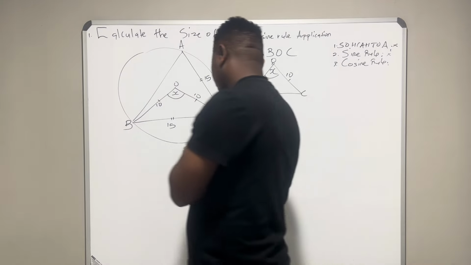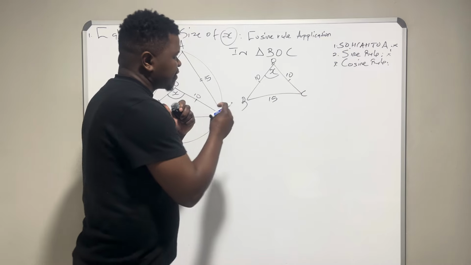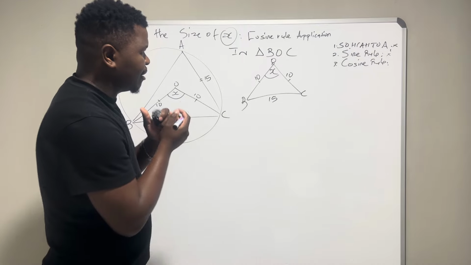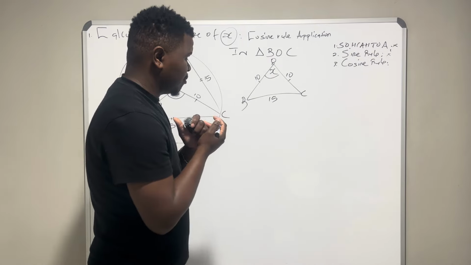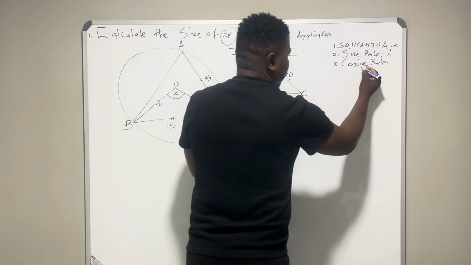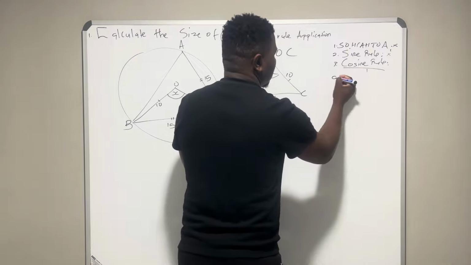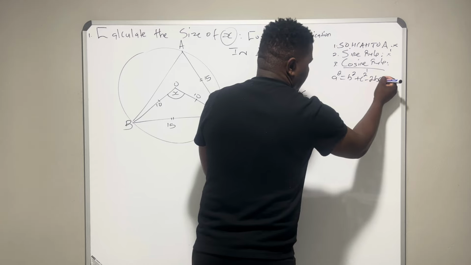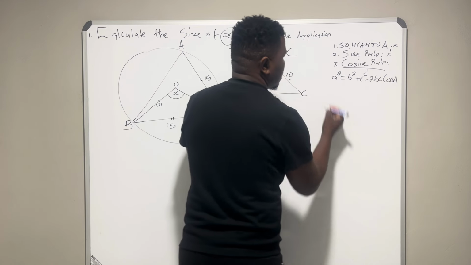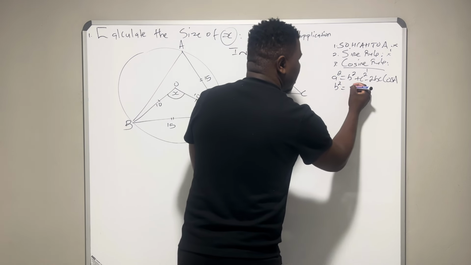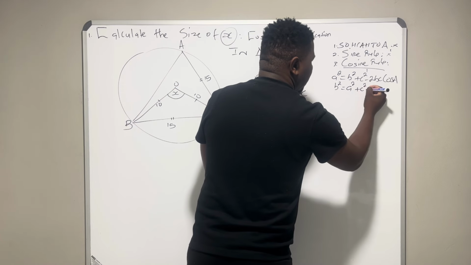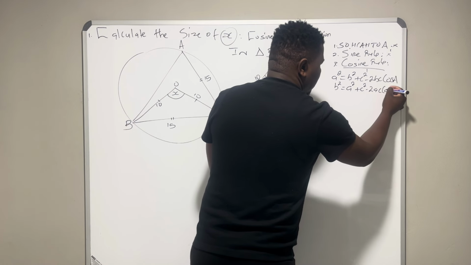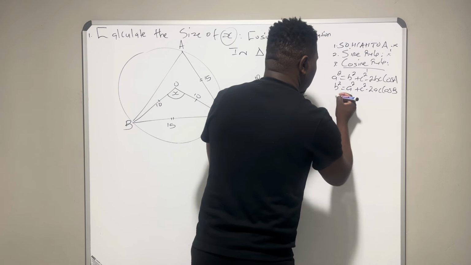Now, let's create a suitable formula for cosine rule. Don't forget that under cosine rule, we have these three formulas.